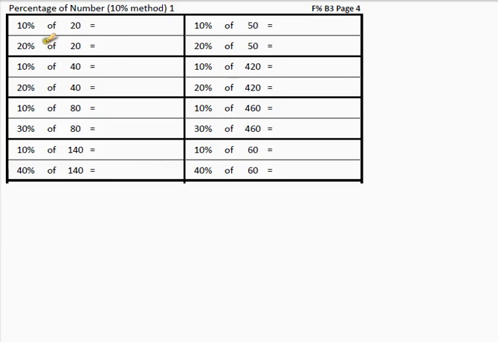We are looking at 10% of a number. So what is 10%? 10% is, as a fraction, 10 over 100, which, when we simplify that, dividing 10 top and bottom, we get 1 over 10, and that is divided by 10.